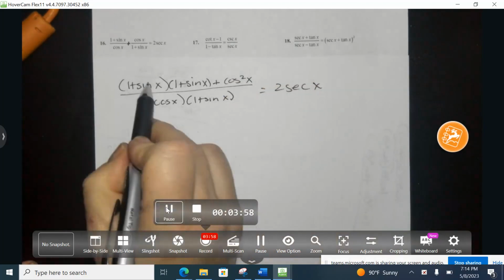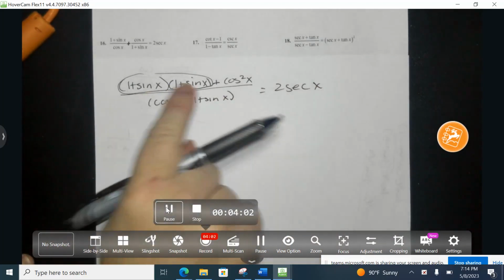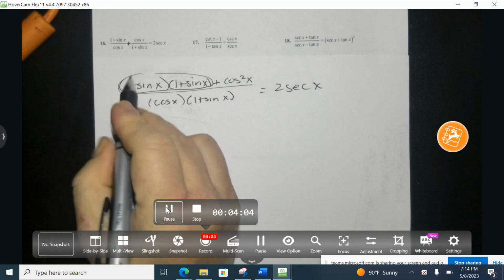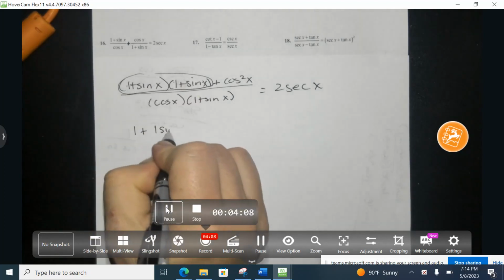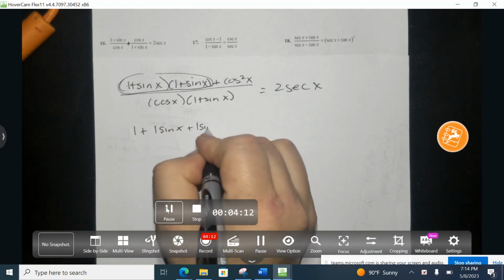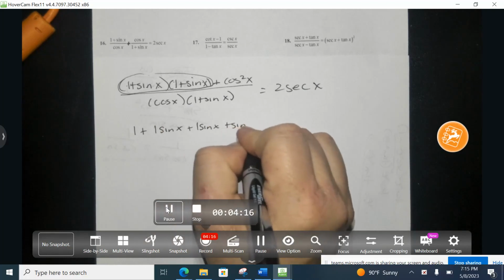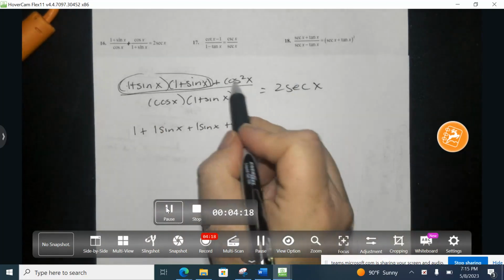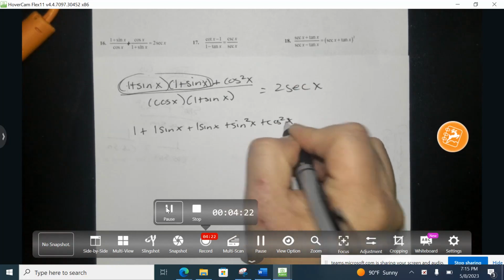Okay, so I'm going to work on foiling these 2 groups. So multiply the fronts, multiply the outsides, multiply the insides, multiply sine x times sine x, becomes sine squared x, and then you have the cosine squared x that you achieved when you multiplied the second diagonal.